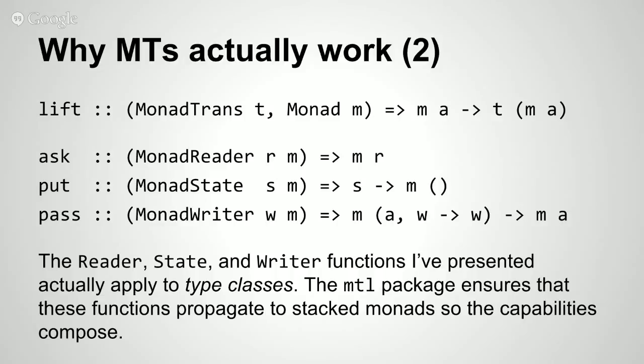Now, this approach may not scale very well. Essentially, if there's a reader somewhere in your stack, and if all of your layers of monad transformation are proper monad transformers, then you will have the capability to use ask.